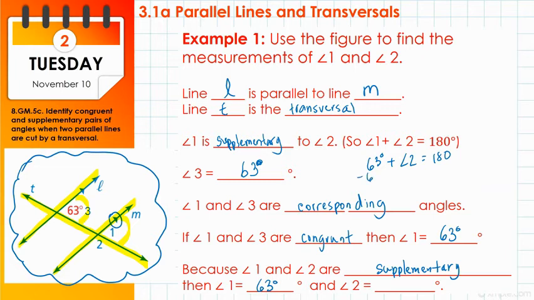I simply subtract 63 from both sides. Angle 2 is 111 degrees. Sorry, 117 degrees.